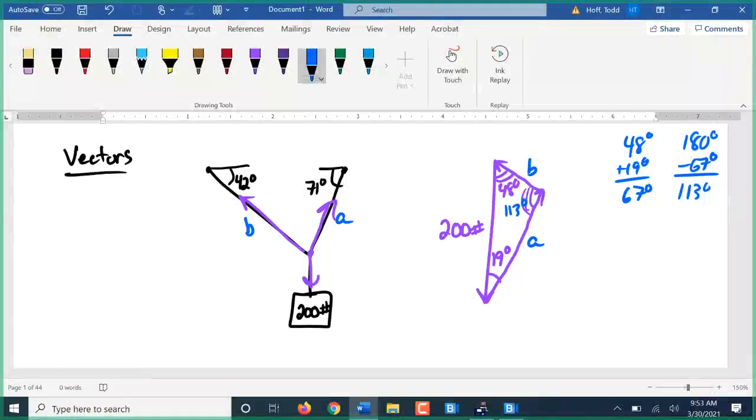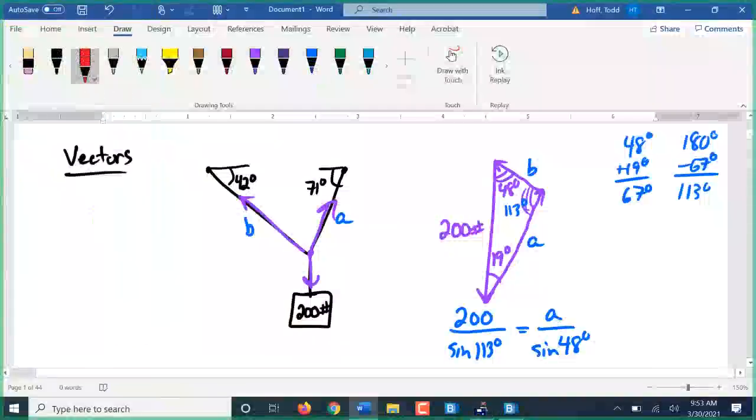This is a law of sines situation. I have my 200 pounds over the sine of 113 degrees. I can find the force on A over the sine of 48 degrees. So we'll cross multiply and divide.